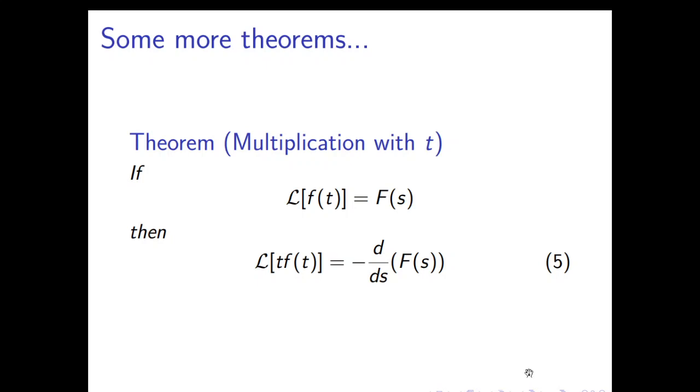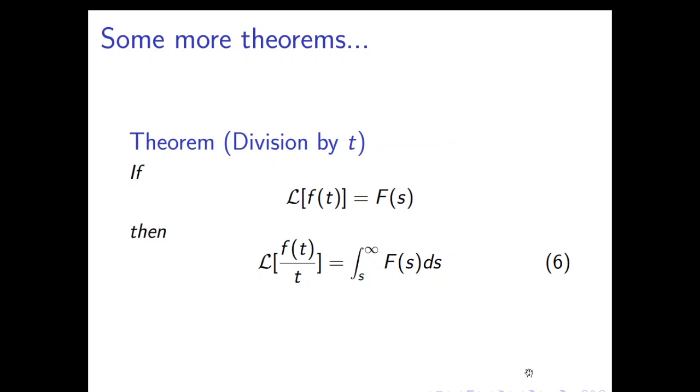Now, if f of t is a function with Laplace transform capital F of s, then t into f of t has the Laplace transform minus d by ds of F of s. So if we multiply a function with t, then its Laplace transform can be obtained by differentiating capital F of s with respect to s, with a negative sign.